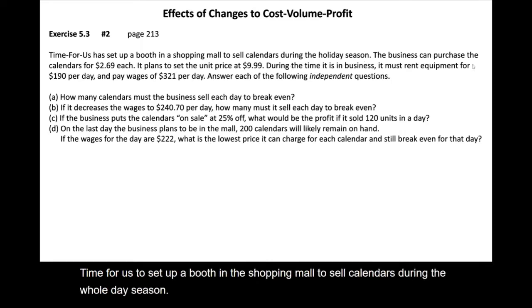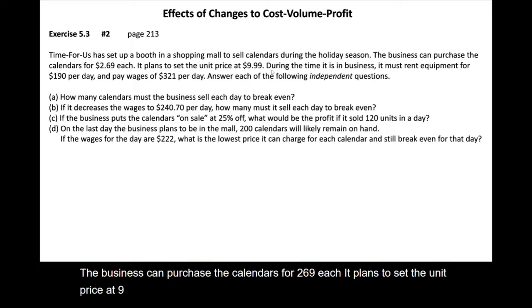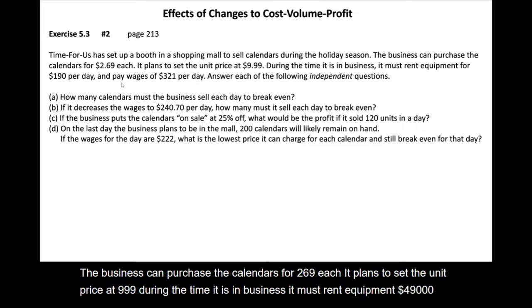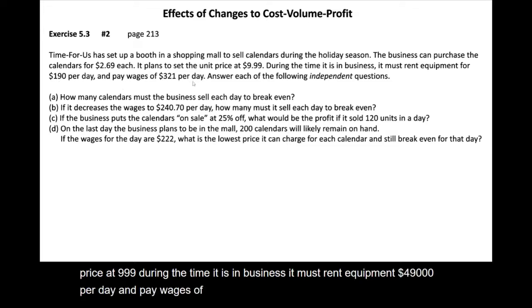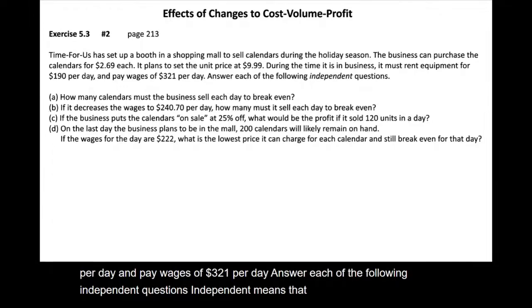The business can purchase the calendars for $2.69 each. It plans to set the unit price at $9.99. During the time it is in business, it must rent equipment for $190 per day and pay wages of $321 per day. Answer each of the following independent questions. Independent means that one question has no effect on another question, right?